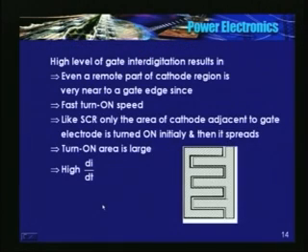Now, coming to the interdigitization, I told you the remote part of a cathode is very near to the gate. In SCR, why did we limit di by dt during turn on? It is because the area that is available for conduction is very small when you turn on the device. It is the area of the cathode adjacent to the gate electrode that is available, and afterwards the conduction spreads to other parts.